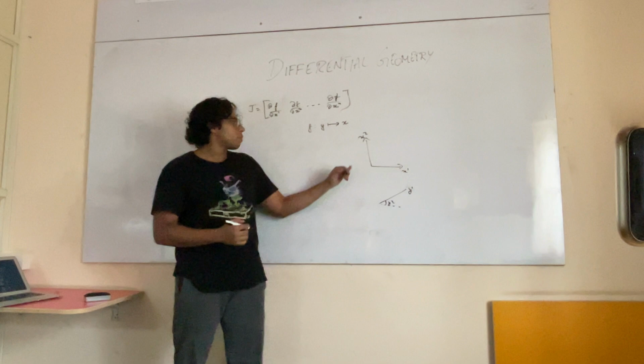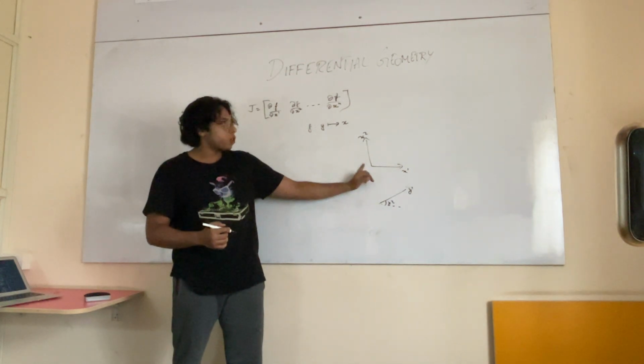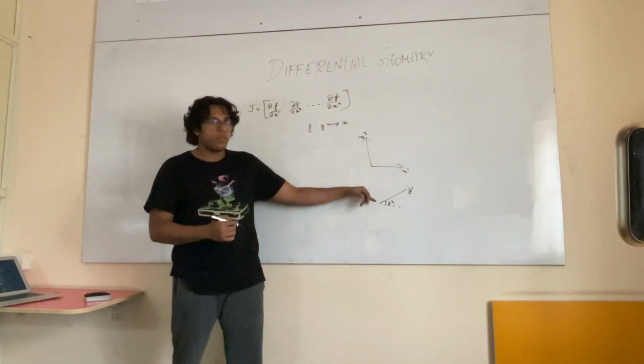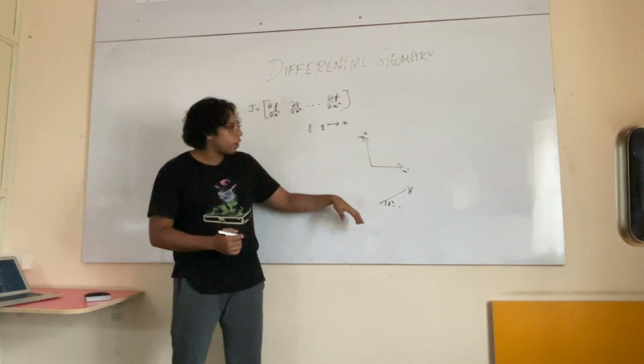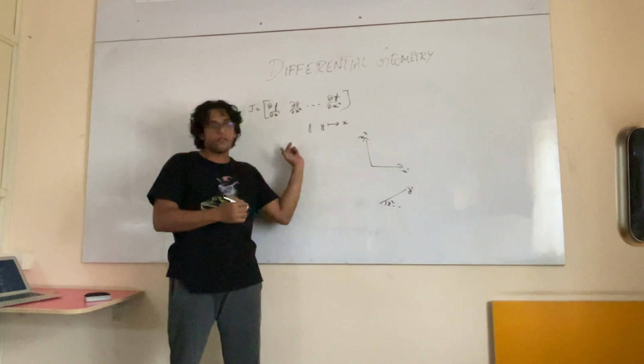So when you transfer from your polar to Cartesian coordinates or vice versa, you have a Jacobian for that.